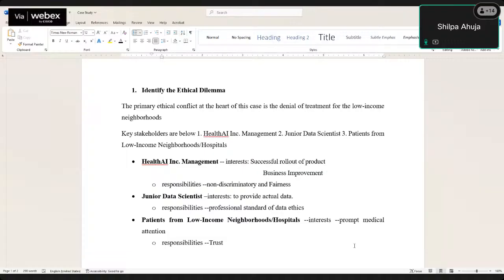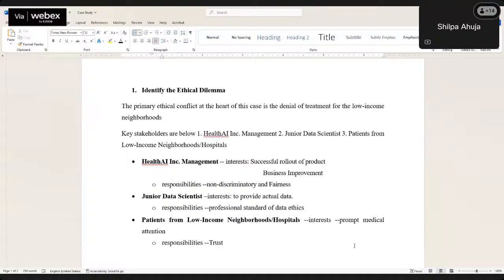So which is going to improve the business substantially, but at the same time it is the responsibility to ensure that the new system being implemented is non-discriminatory and displays principles of fairness and justice socially. So that's the foremost.